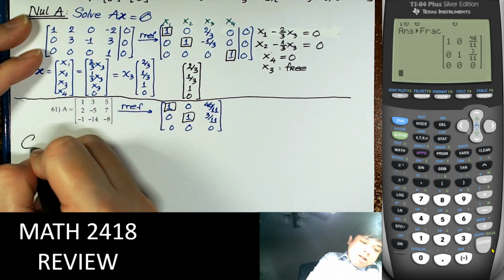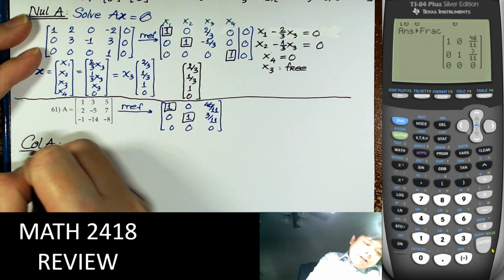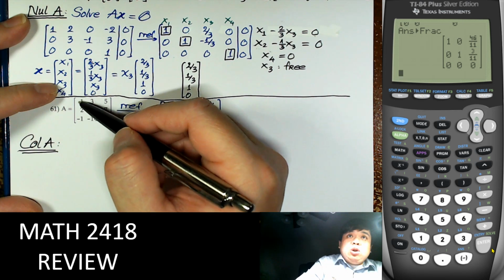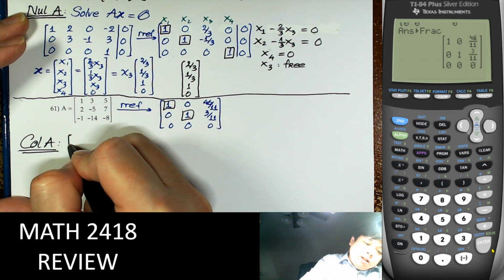So for the column space of A, this is where the pivots are: first and second column. We're going to use the original matrix for it.